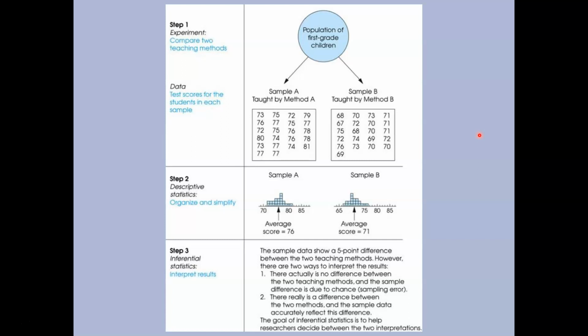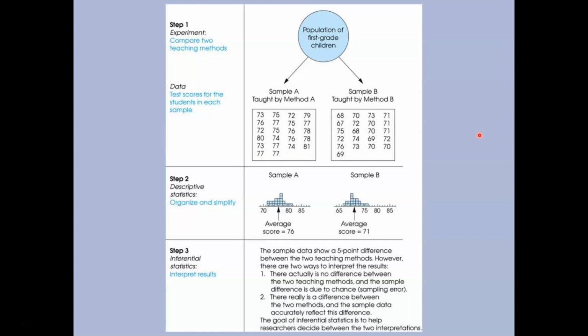When you pick sample A and sample B, if you didn't randomly pick kids for A and B, you might end up having smarter kids in A or B. What if the average score is higher because those kids were smarter? If the sampling was not done randomly, you will end up with a sampling error.